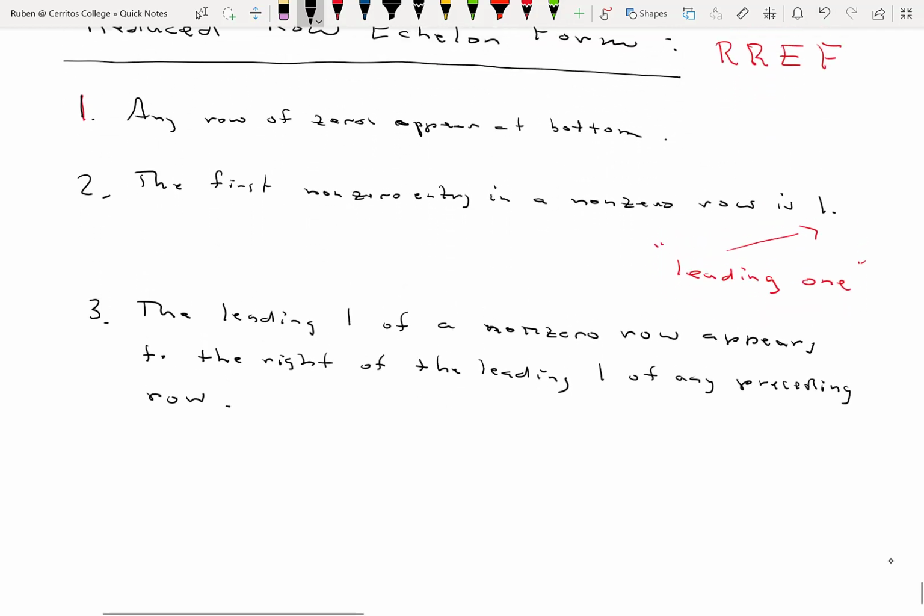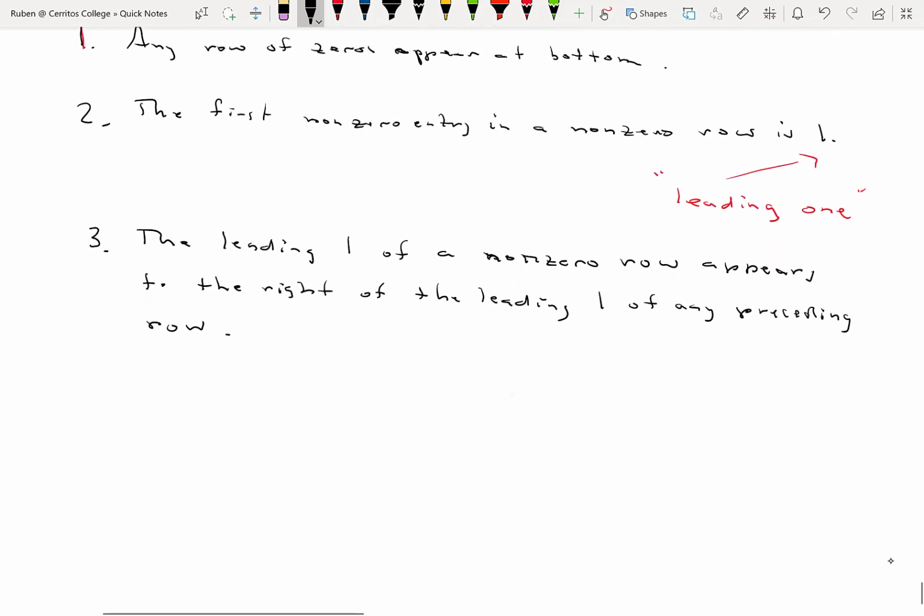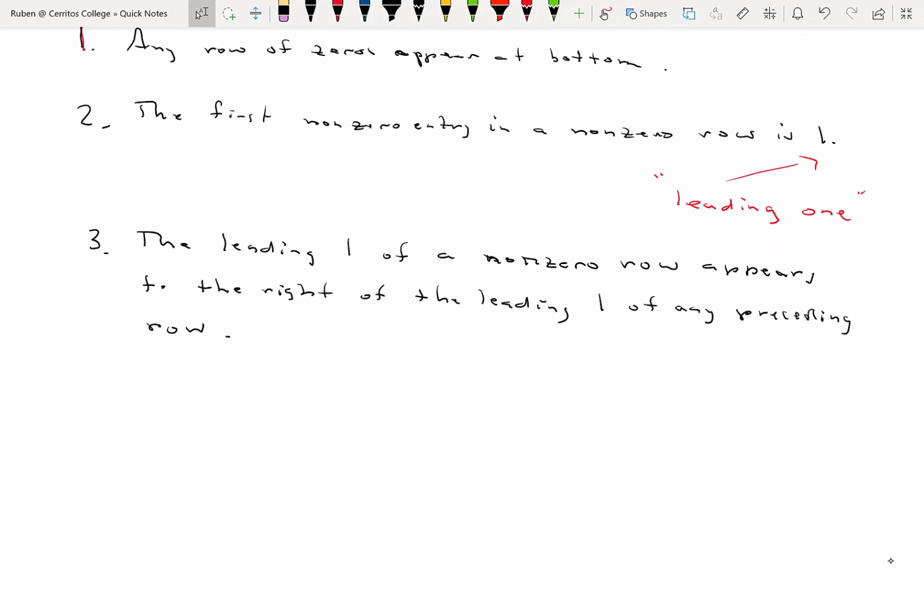Okay. That's not quite enough. We need to get those zeros above and below all the leading 1s. And we do that by number 4.